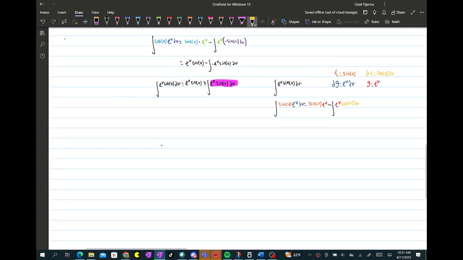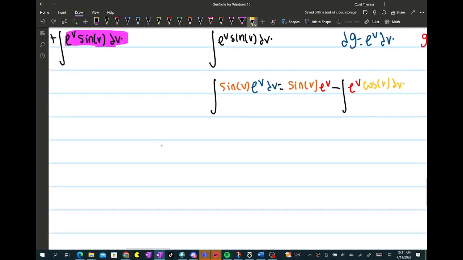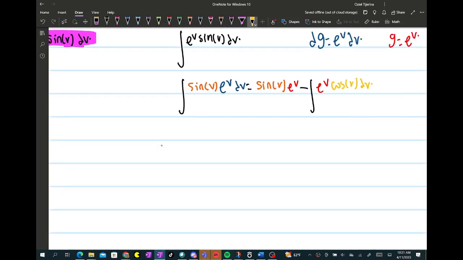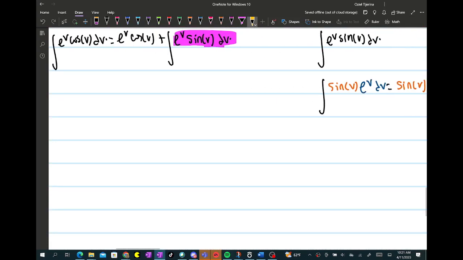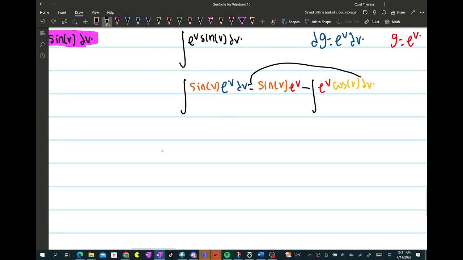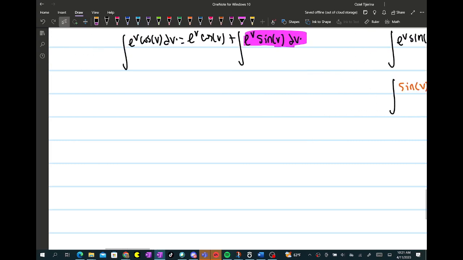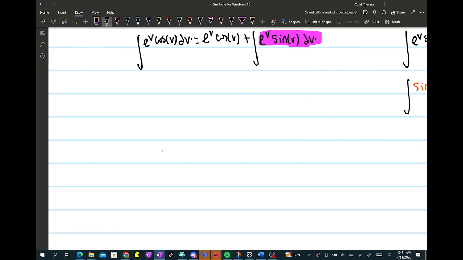Basically, now we're going to plug this entire thing in for the pink part. So we're going to have the following, and it's going to be pretty long.